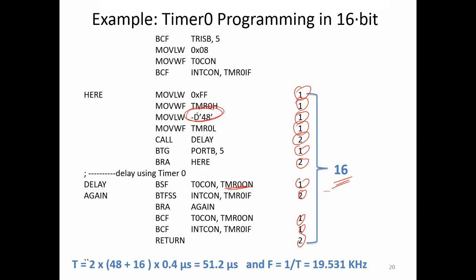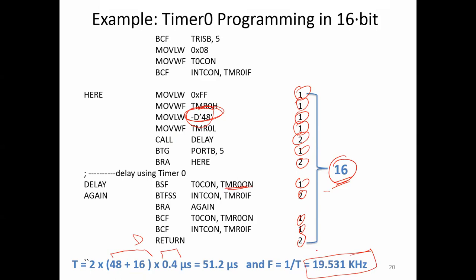So the total number of cycles will be 16 plus 48. So the total delay will be 48 plus 16 multiplied by 0.4. This will generate a square signal with a frequency of 19 kilohertz.